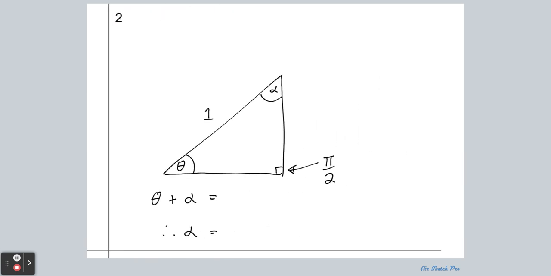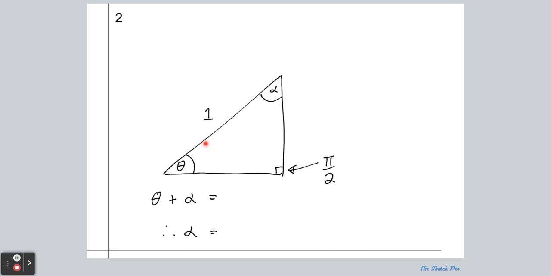So if theta is an acute angle, then we have this kind of scenario here. We've got a right-angled triangle. I've arbitrarily chosen theta to be here. I've got a value of 1 here for the hypotenuse, and then I have labeled the other angle as alpha. Now, because it's a right-angled triangle, this angle here is pi on 2, 90 degrees.